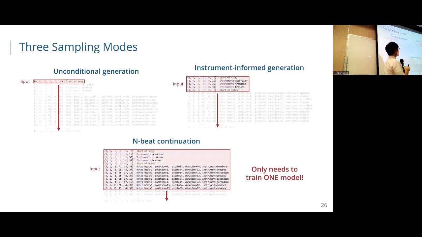We can specify the instruments first, because we have this recipe-then-cook type of representation, where we have the instruments first and then start generating the notes. And finally, we can do continuation, like typical NLP models; ChatGPT is mostly doing continuation. And we only need to train 1 model for all 3 sampling modes.